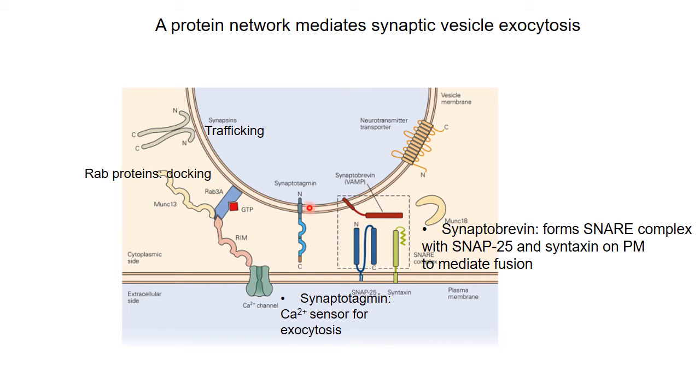Then we have very important SNARE proteins. Synaptobrevin is on the synaptic vesicle, while we have 2 other SNARE proteins, SNAP25 and syntaxin, which are on the plasma membrane. Together they form the SNARE complex, which is crucial for fusion. And then we also have the neurotransmitter transporter, which we will be talking about when we cover endocytosis, which transfers neurotransmitters into the vesicle again.